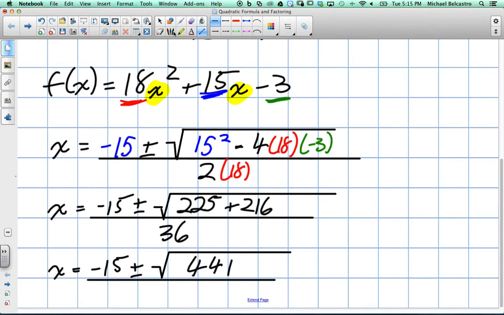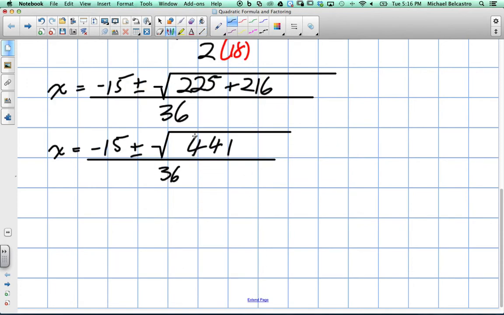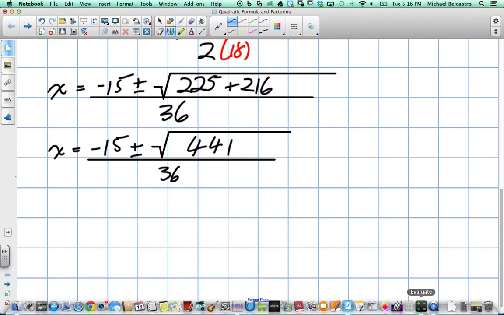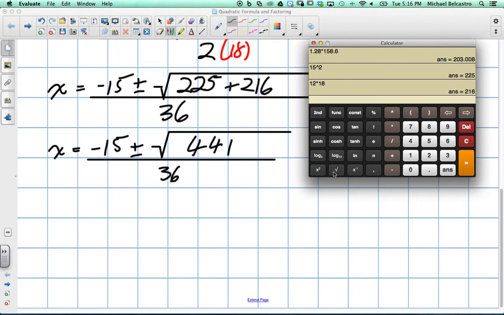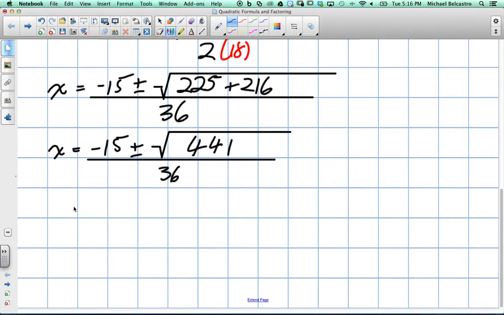Divided by 36. Now, we'll normally work in decimals. There's a way where you can reduce these. They teach it in a different math class, but we'll draw a relation to it maybe after. Let's find the root of this to start. So the root of 441. It's 21. Great. So that worked out nicely.